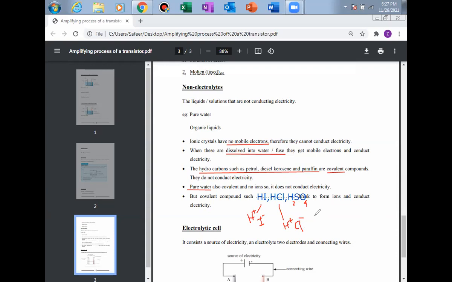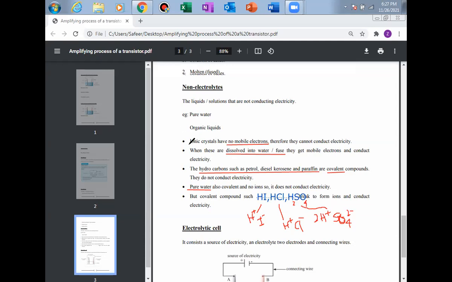H2SO4, as we have already learned, breaks into 2H plus and SO4 2 minus. Because of that, they form charged ions. Then these ions get the ability to move. Because of that, they conduct electricity.